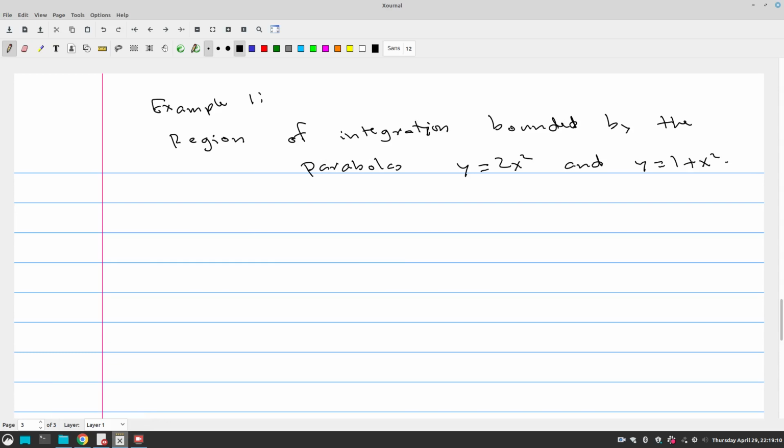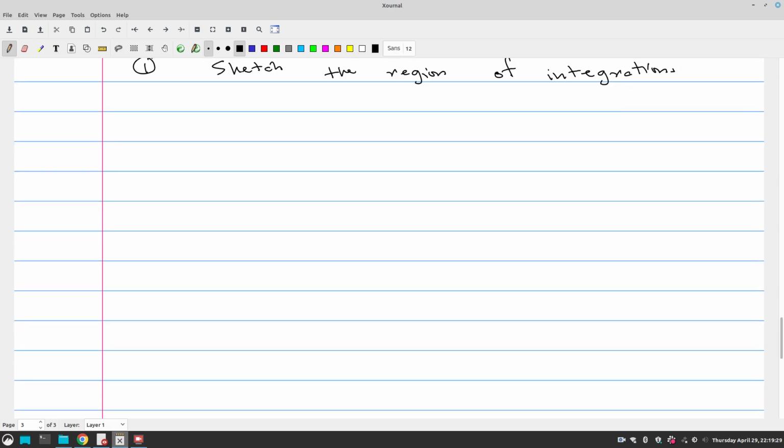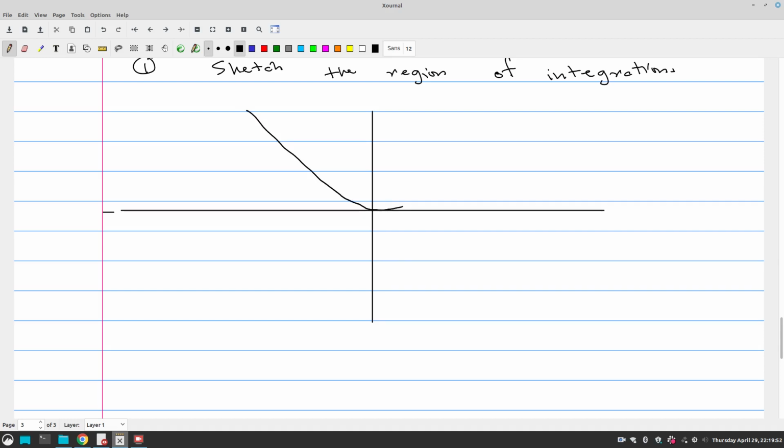So the first step is to sketch the region of integration. It is bounded below by y is equal to twice x squared, and bounded above by x squared plus 1.